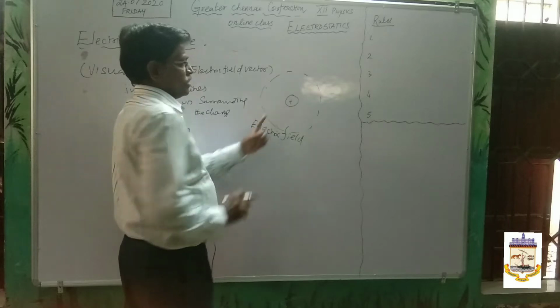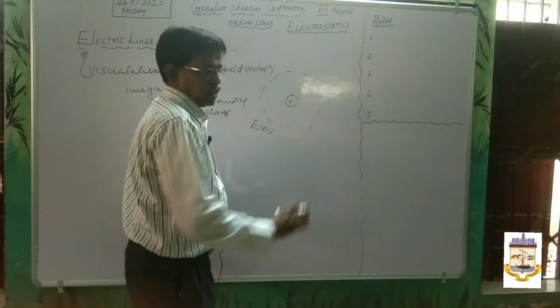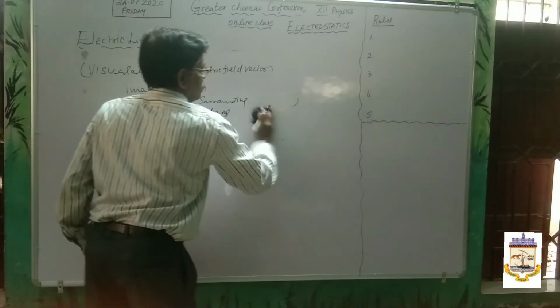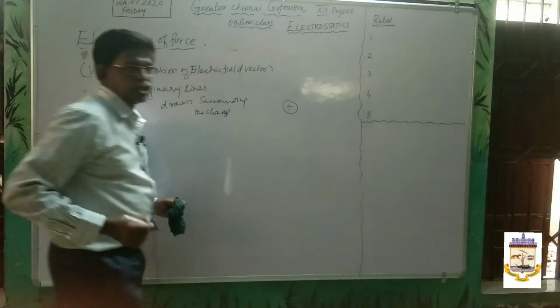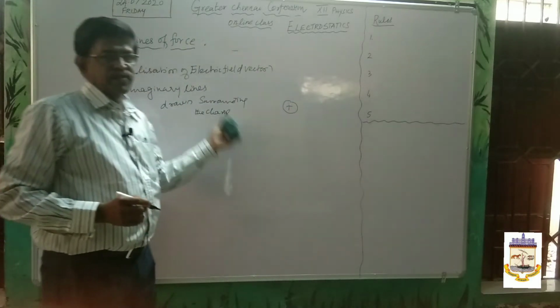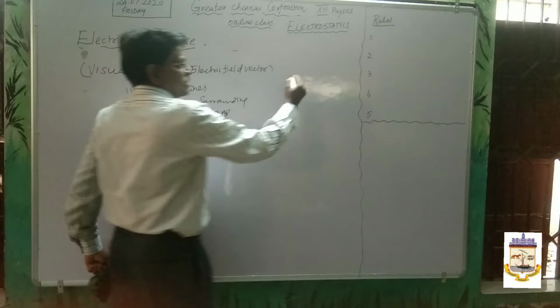Now you consider this positive charge. This is positive. Surrounding this, an electric field is existing. So what is the electric field?